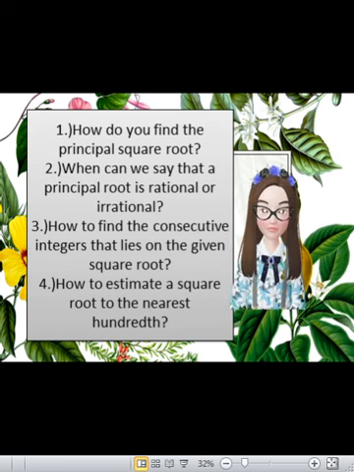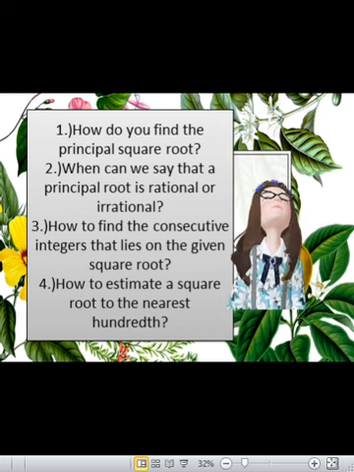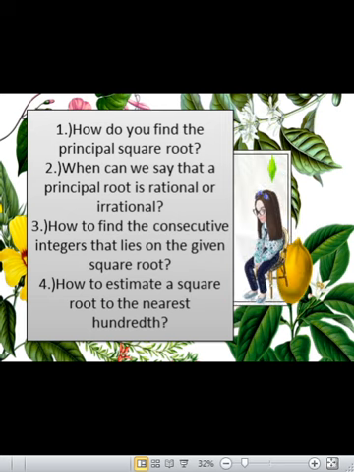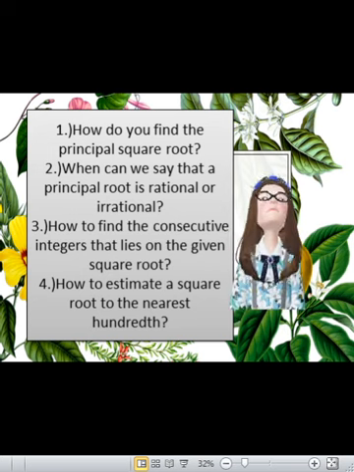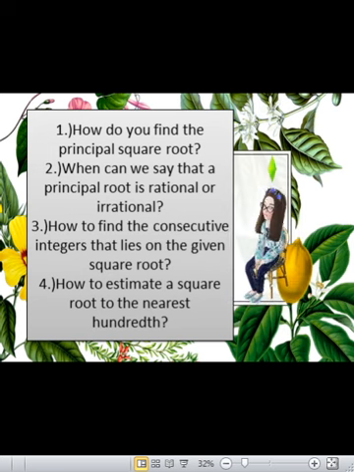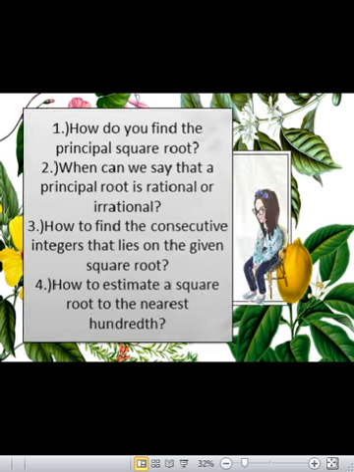Next, how to find the consecutive integers that lie on the given square root? And lastly, how to estimate a square root to the nearest hundredth? So that is not yet your quiz, just guide questions on how to find those examples.